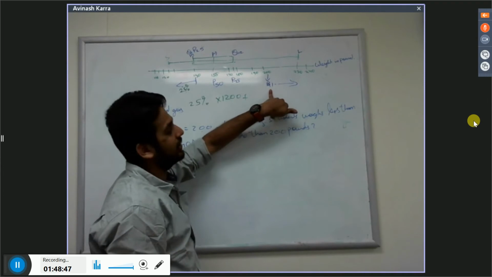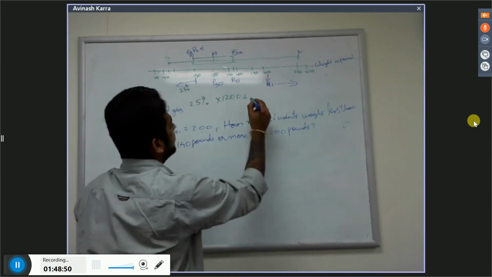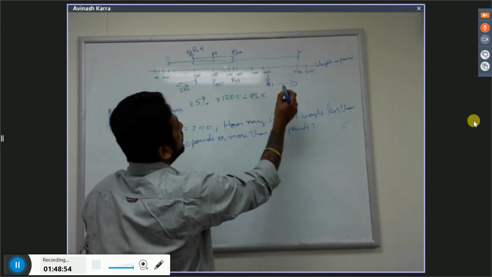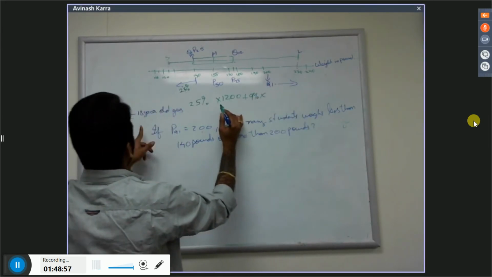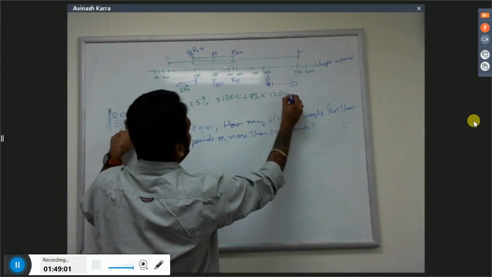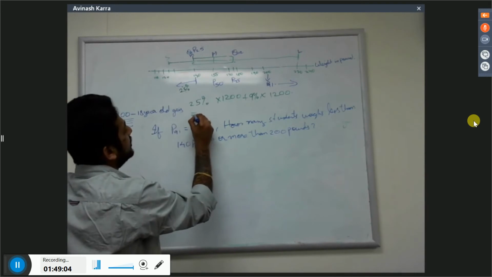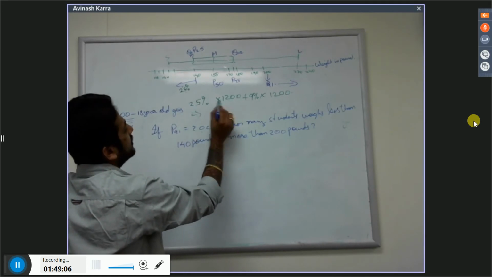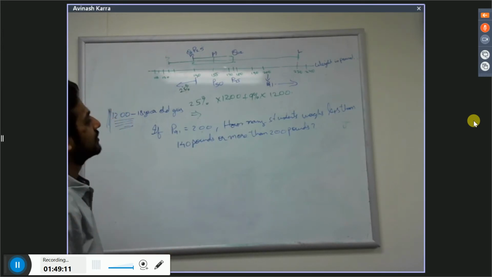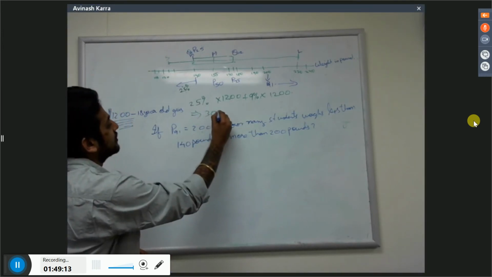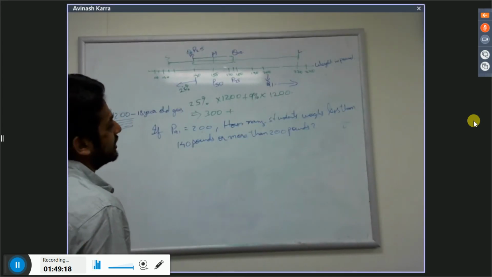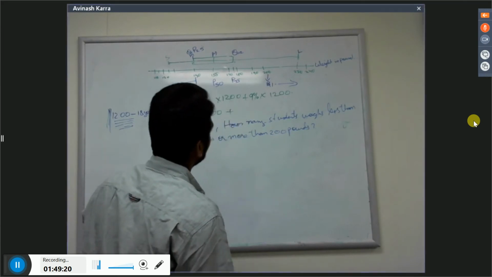Here it is 91, so 9%, right? 9% of how many students total? 1200. Which is nothing but 25% of 1200, how much? 300. 9% of 1200 is how much? 9 twelves are 108.